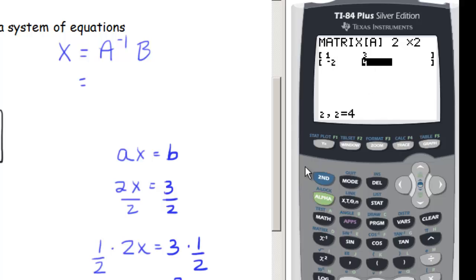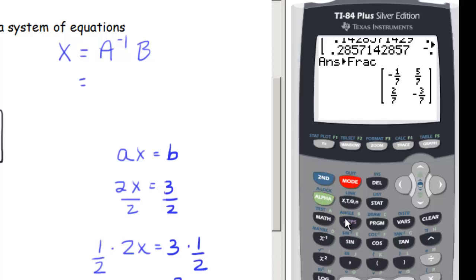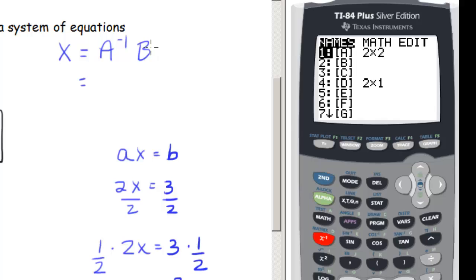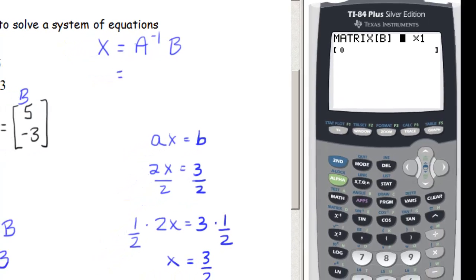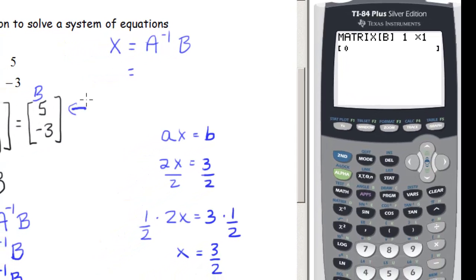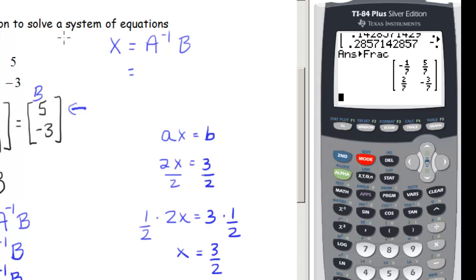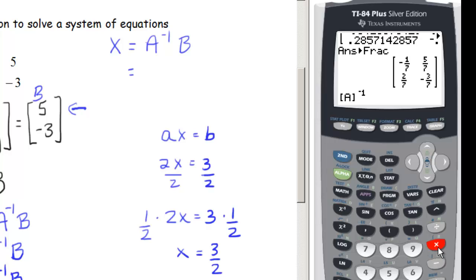So there's my matrix A. We're going to make it the inverse in a second, and then we're going to quit out of here, and go back and enter the matrix B. So I'm going to choose matrix B to enter this time, and this is my matrix B right there. So it is a 2 by 1 matrix, and we have 5, -3. Quit out of here. So our answer is A inverse times B. So we're going to take our matrix A, get the name there, make it the inverse. So I'm going to hit this little X inverse button and multiply that by my matrix B.